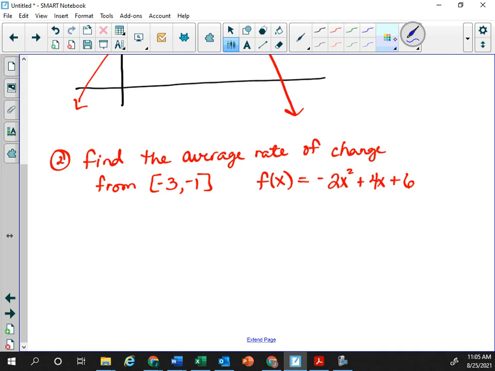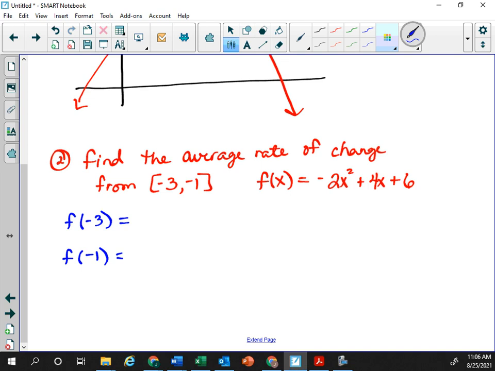So the x values you're given are the -3 and the -1. And then you're given the function. So how could you find the y values that go with those x values? Plug it in. Yeah, just plug them in. So the first thing you're going to do is find what f of -3 is equal to and what f of -1 is equal to. Do a little mental math here. Can you figure it out?